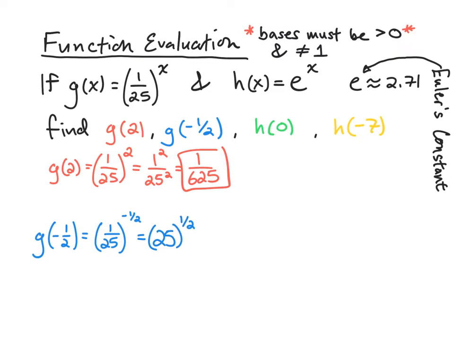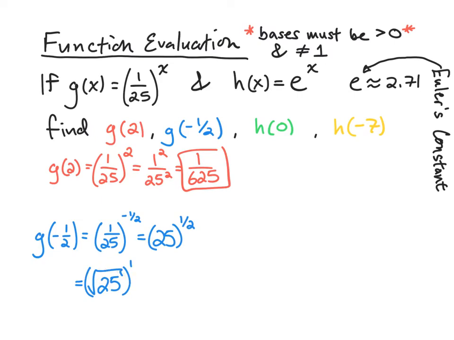25 to the 1/2 power doesn't make any sense until we write it in a radical form. Remember, the denominator goes in the root and the numerator turns into the exponent outside the root. And you might be wondering, hey, you did not write the 2 in the root.